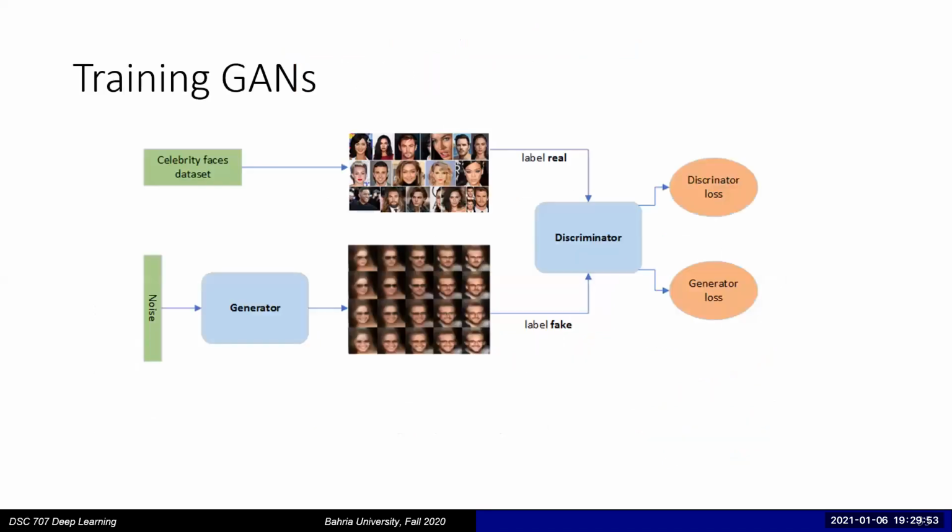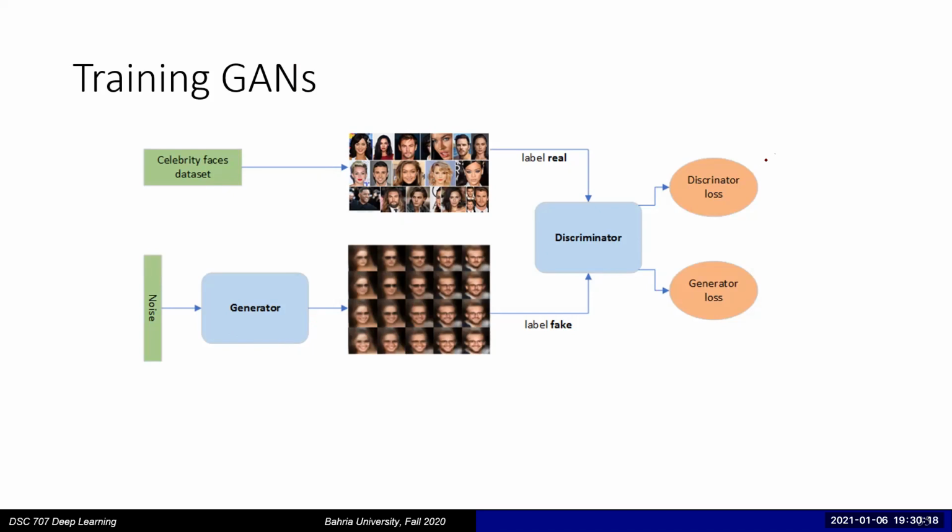Now let's see training a bit more in detail. We are trying to make a GAN which can produce images of celebrities, or images of a person, right? So we have a data set of faces in which we have faces of different celebrities, and they are all labeled as real. And then we have some faces which have been generated by the generator.